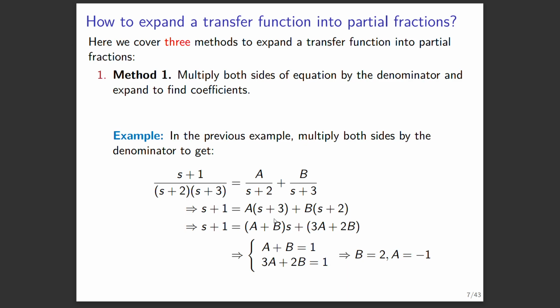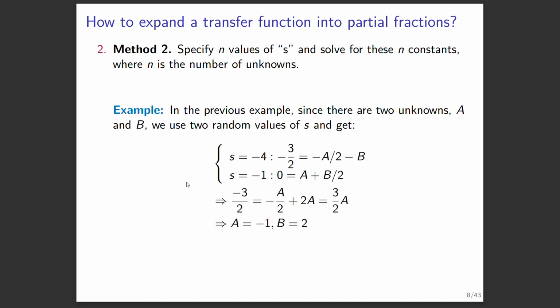Now I factor all terms with s in them and other terms that do not have any s. On the left-hand side, I have 1s + 1. Therefore, A + B should be 1, and 3A + 2B should be 1. So then I solve this, and I get B is 2, A is negative 1. So that's method 1: you just multiply both sides with the denominator.